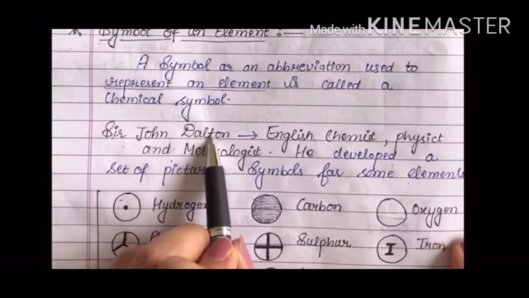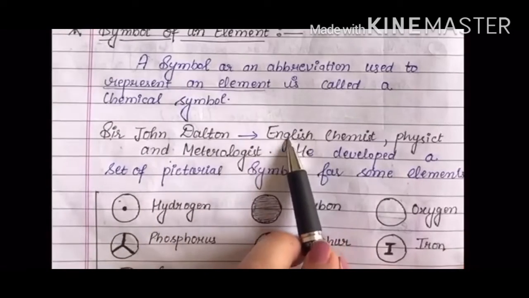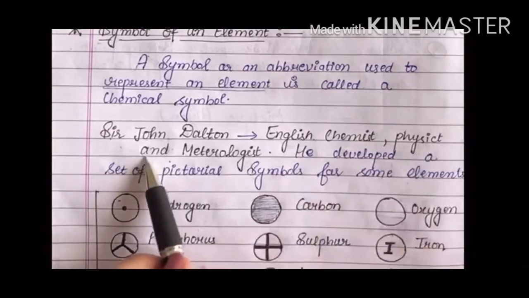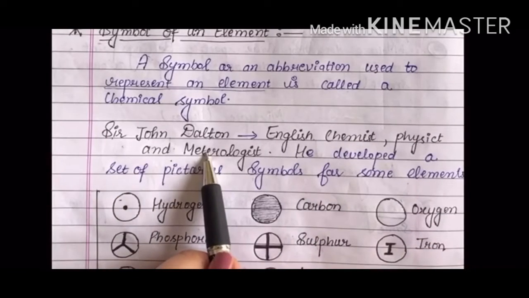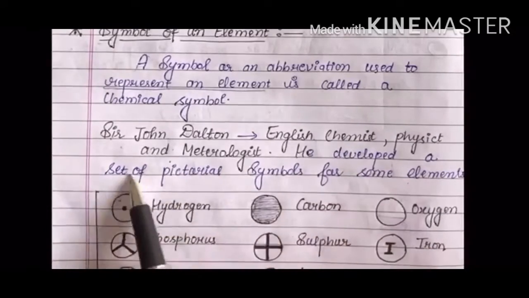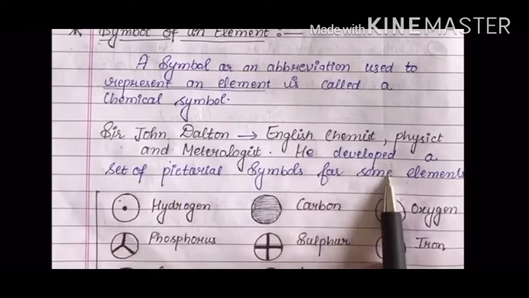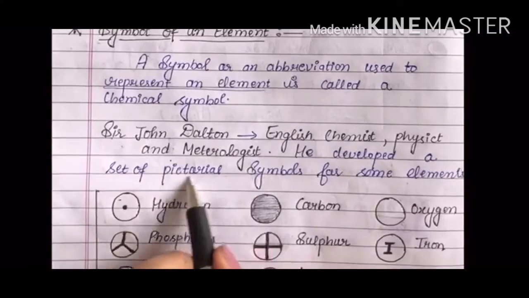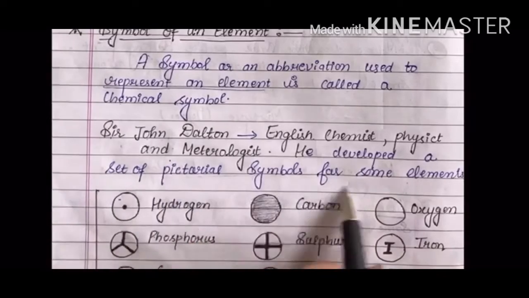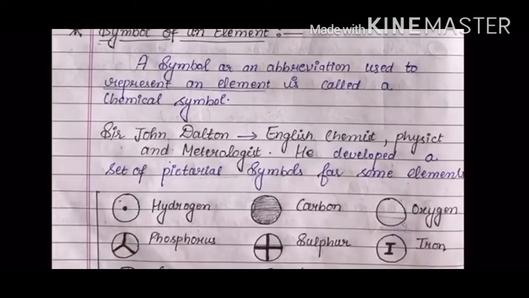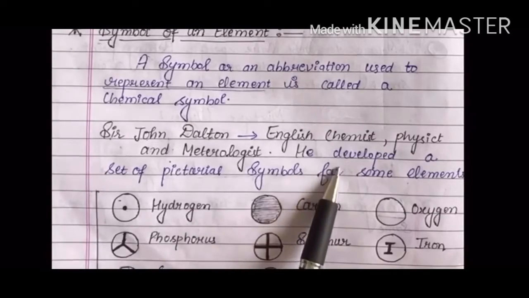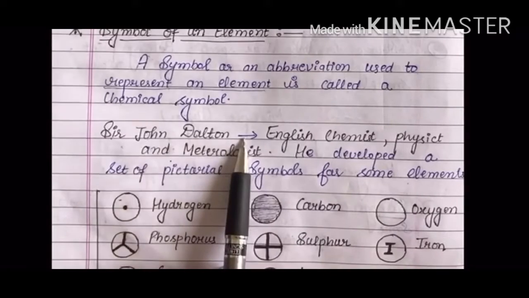Sir John Dalton was an English chemist, physicist and materialist. He developed a set of pictorial symbols for some elements. These are the pictorial symbols that were developed by Sir John Dalton.